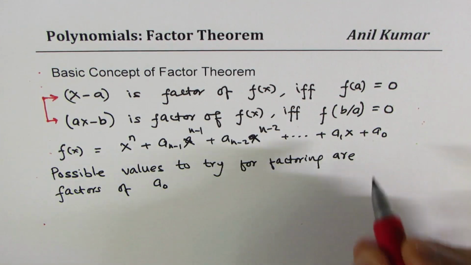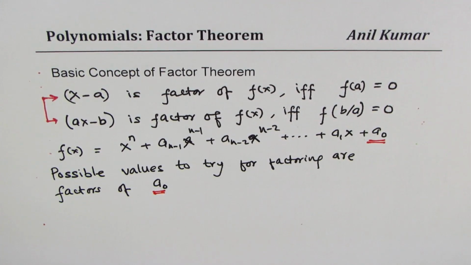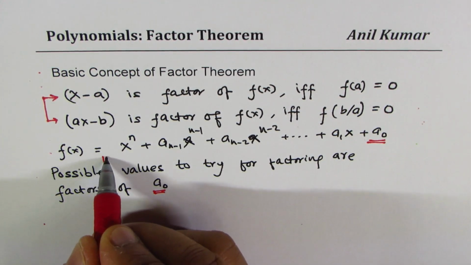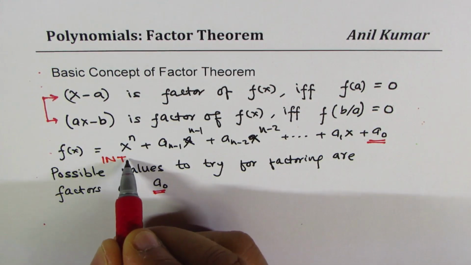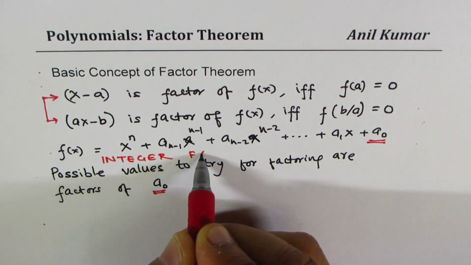This is very important, right? So all factors of a0. We're talking about integer factors only, right?